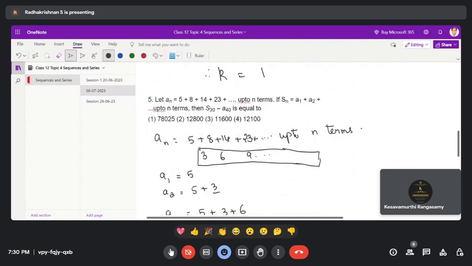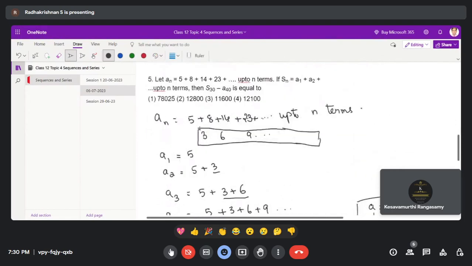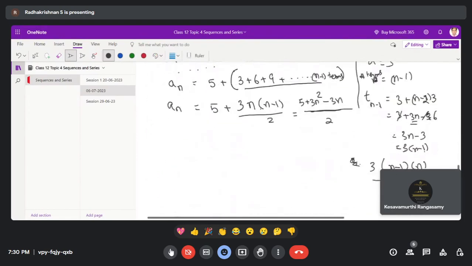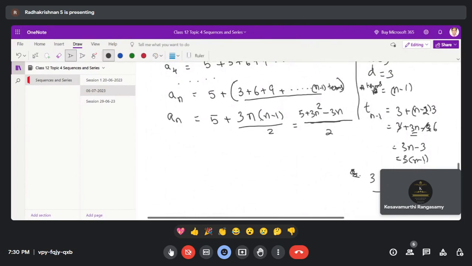Here an is the nth term. So an is 5 plus 3n square minus 3n divided by 2. One moment.